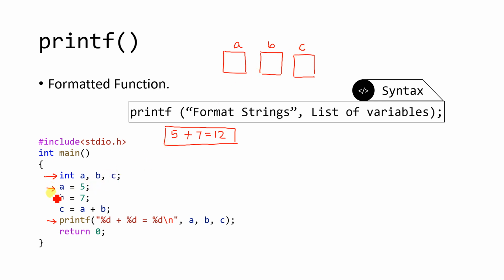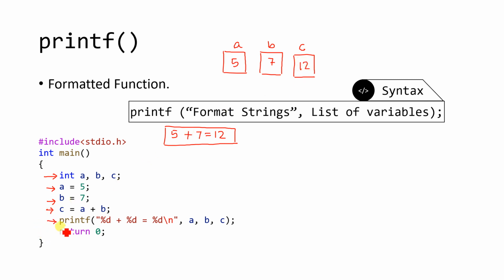In the second and third lines, I have assigned the values 5 and 7 to the variables a and b. So a contains 5 and b contains 7. In the fourth line, I have written c is equal to a plus b, which is nothing but adding the content of a to b, and whatever result we get, we put in c. So 5 plus 7 is 12 and 12 will be assigned to c.